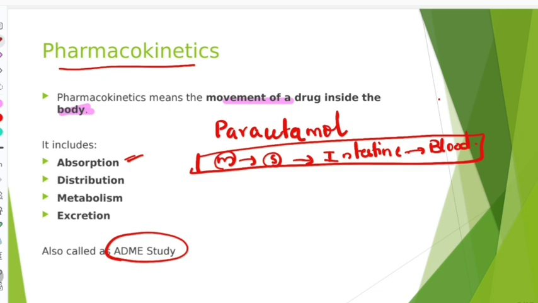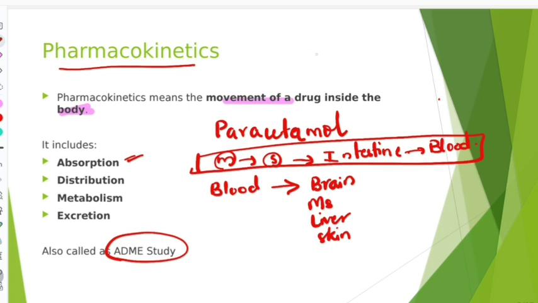Now, once this drug has entered the blood, blood carries this drug everywhere. Blood carries this drug to the brain, to the muscles, to the liver, to the skin. So this drug reaches the brain, and let's say the person has got fever.